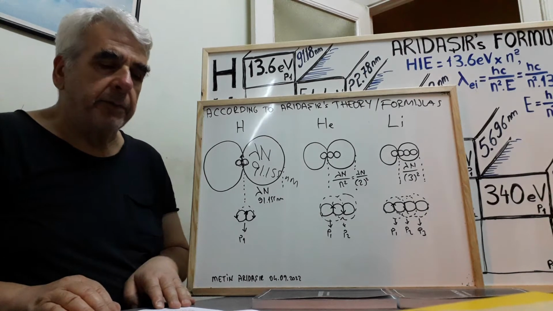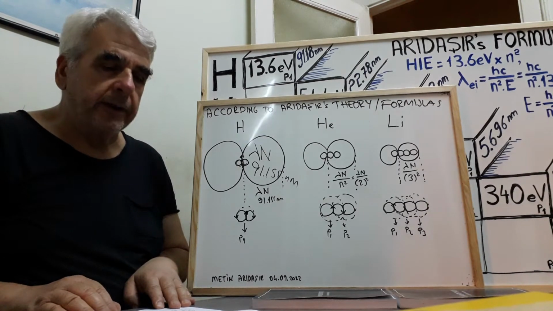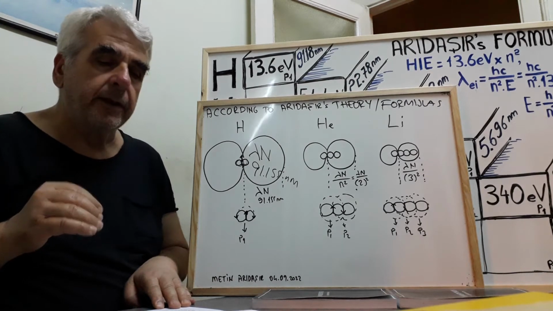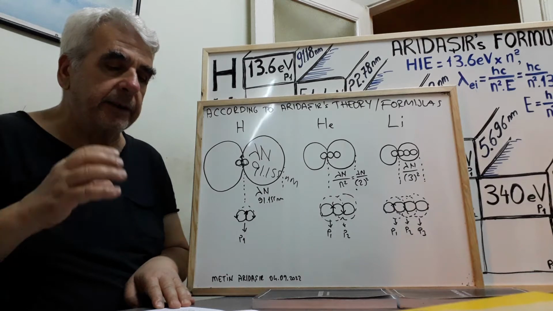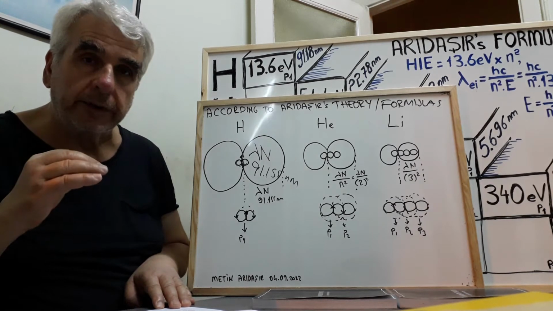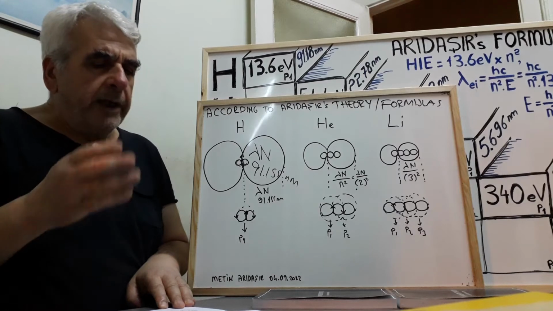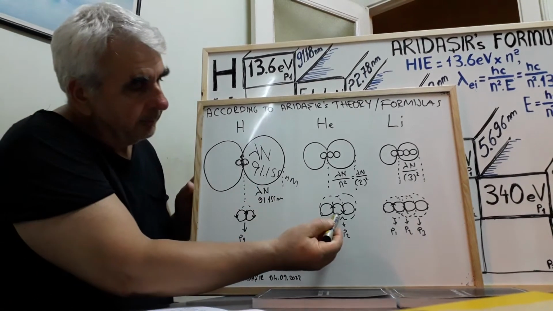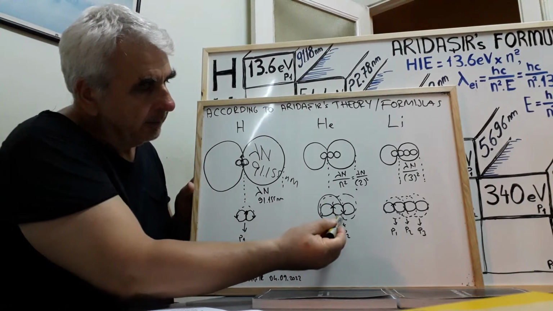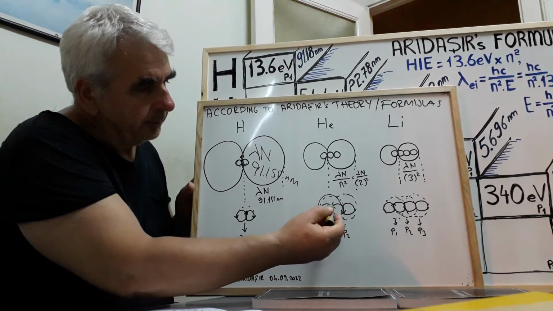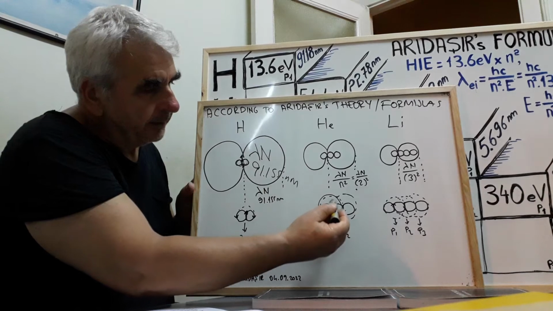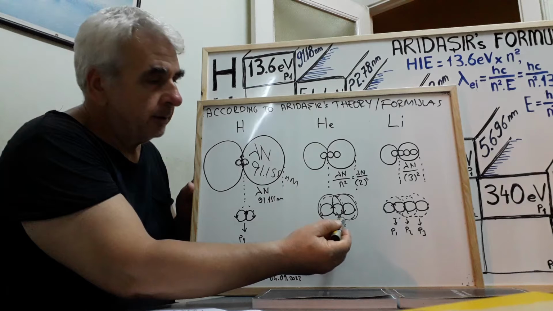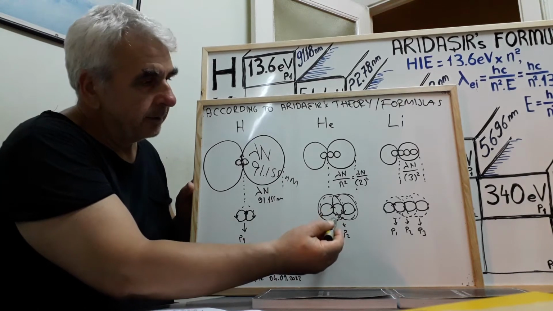According to my theory and my formulas, proton-bounded electrons under some effects enlarge or shrink at a certain rate, n square. When you add a second proton, this is first proton and this is second proton, have made joint motion, okay?